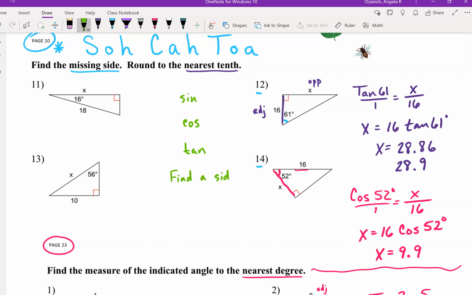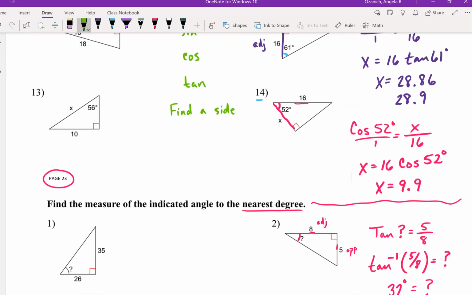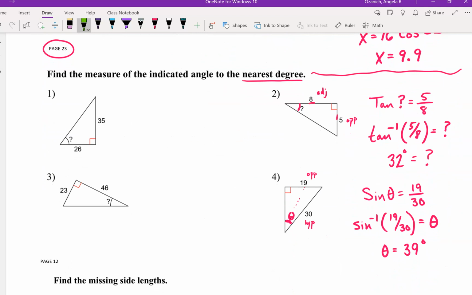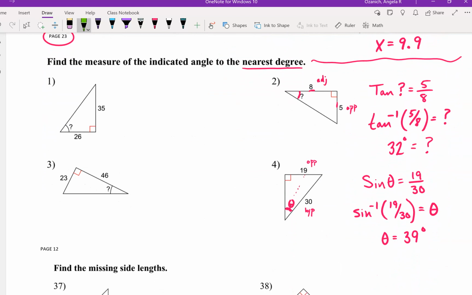And then these examples where we're trying to find the missing angles, this is where we're using our inverse sine, cosine, and tangent. And that's if we're finding a missing angle.